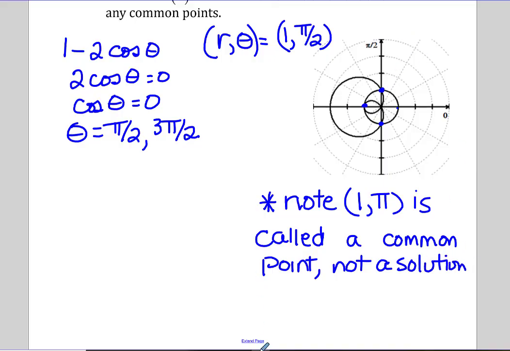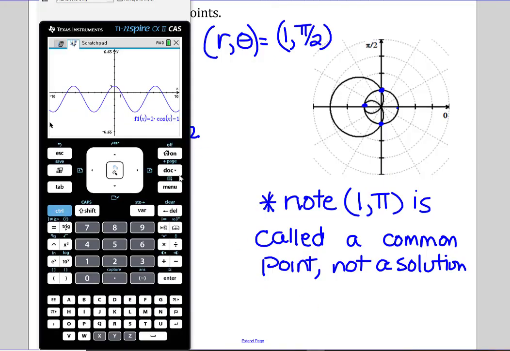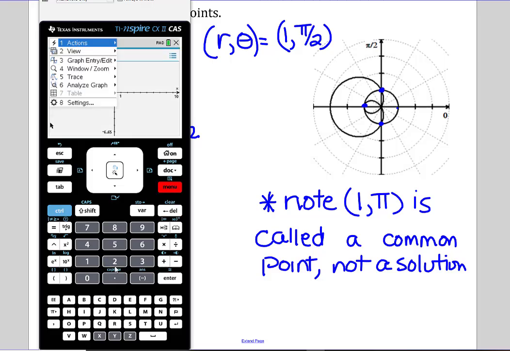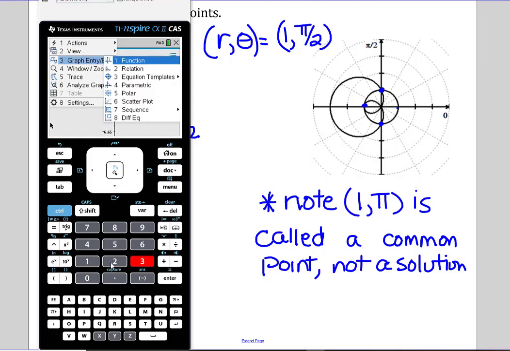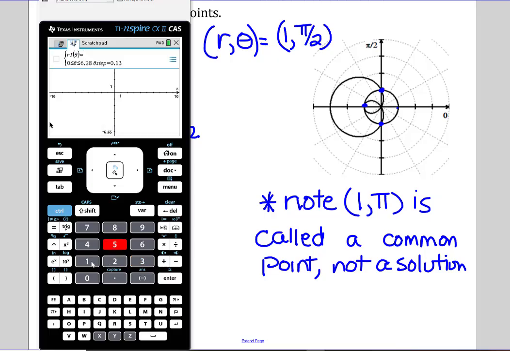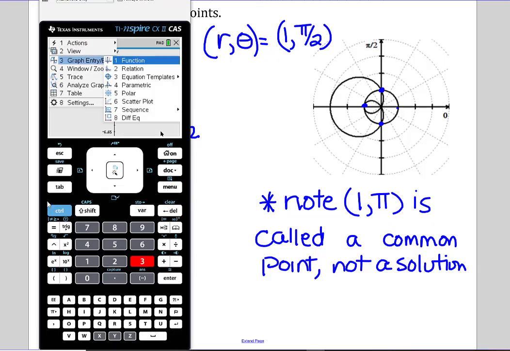And then we need the calculator to find these. So giving that a go, I'm going to change our view window to be polar. So we have r equals 1, and we have 1 minus 2 cosine theta. And I'm going to change my window a little bit so it's easier to see.